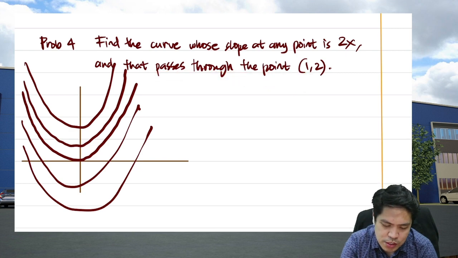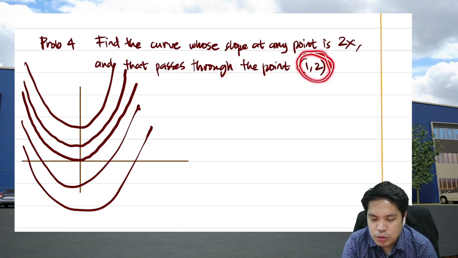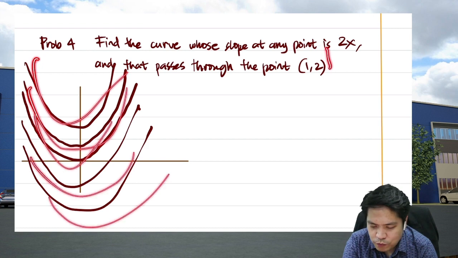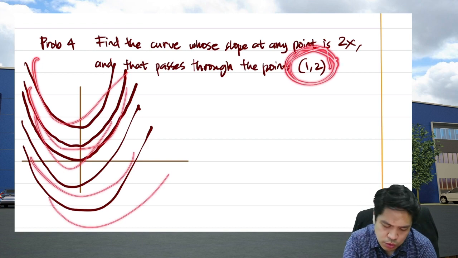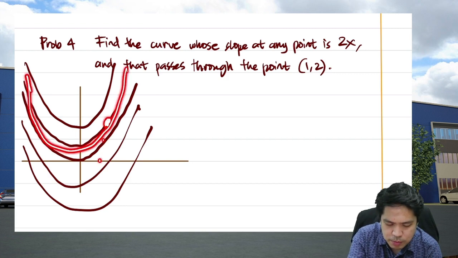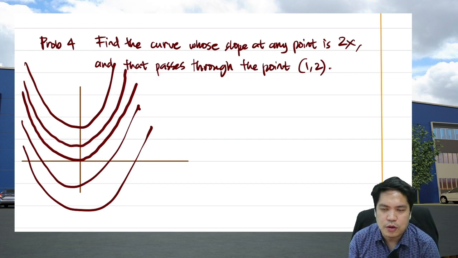So which of these will pass through (1, 2)? So yung hinahanap natin among these curves is the curve that will pass through (1, 2). So (1, 2) is around, let's say here, so ito yung hinahanap natin na curve. So what would be the equation of that curve?